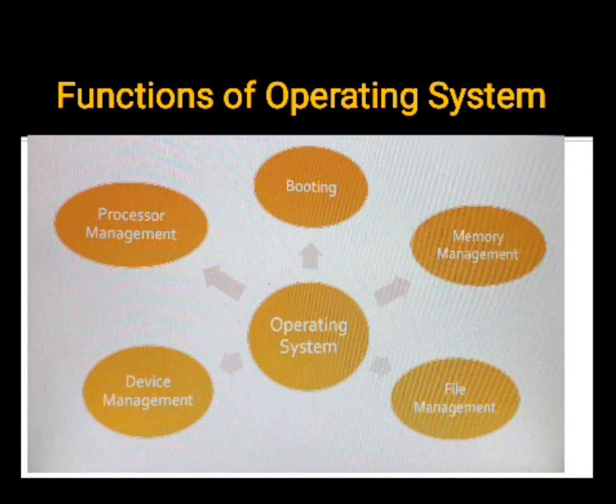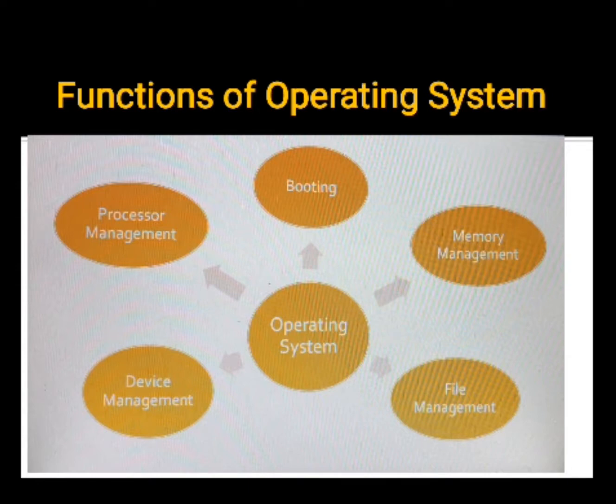Next, we have functions of operating system. Your operating system performs a number of functions. Some of the functions are booting, memory management, file management, device management, processor management, and accessing the web. Let's have a discussion of the functions of operating system. Booting is basically the process of starting and restarting a computer.